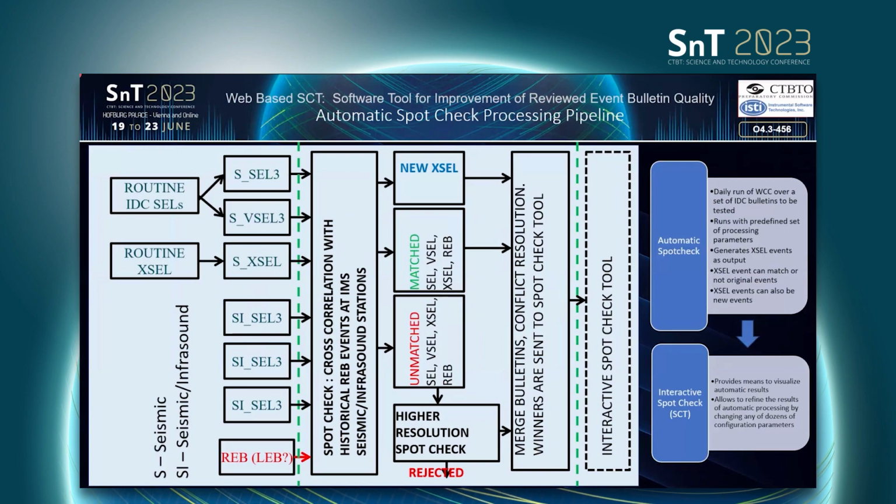From this we are creating this Excel bulletin, and this is going on. The processing happens day after day on a daily basis. After day 3 or 4 we have a bulletin similar to SEL3. After day 20 we already have a bulletin similar to REB.